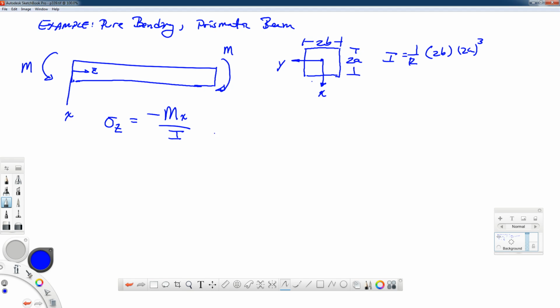Alright, now we are going to neglect body forces. And in that case, we will have equilibrium apply. So remember, our equilibrium equations are sigma ij comma j is equal to 0.